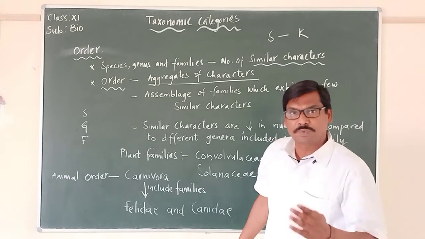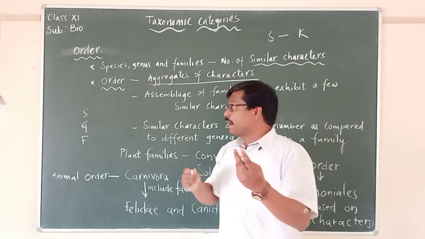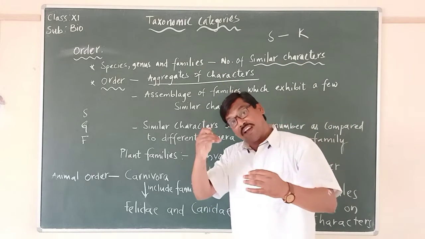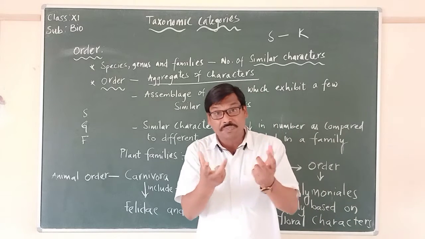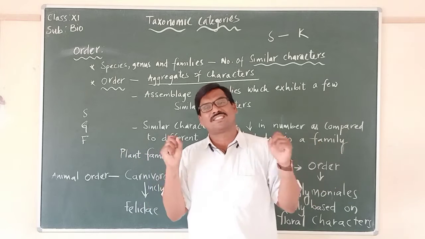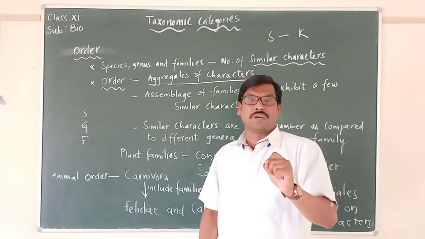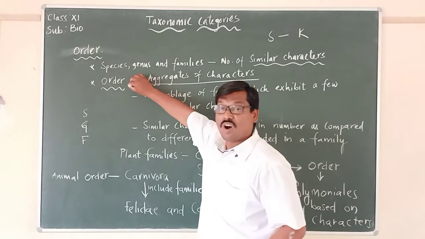By the time you come to the families, many similar characteristics have decreased. Now you identify those characteristics which are common amongst all these, and they will be placed in the order.